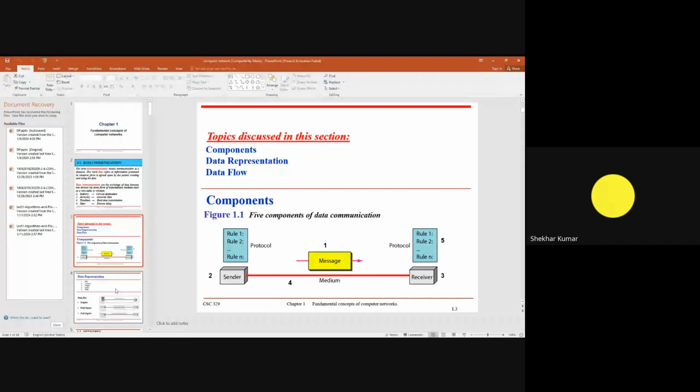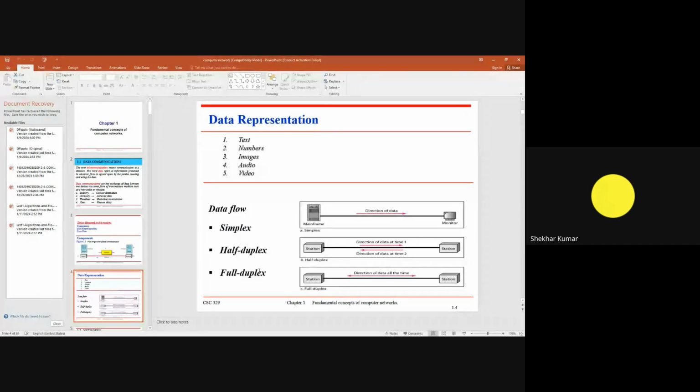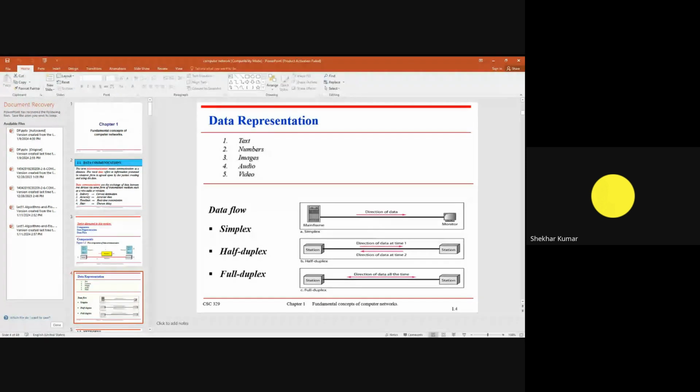And then how the data will flow into the network will also be of 3 types.